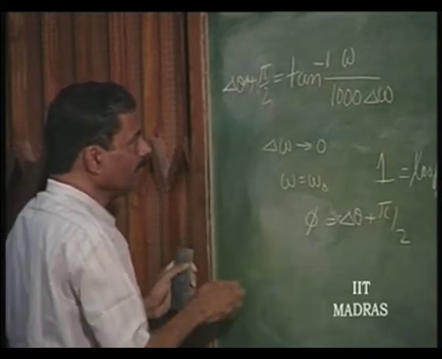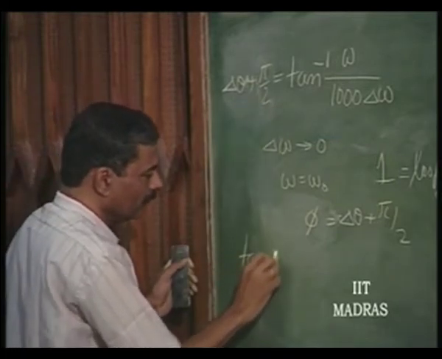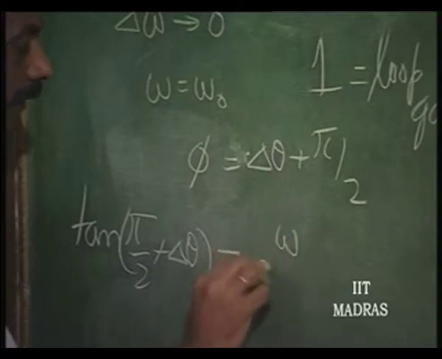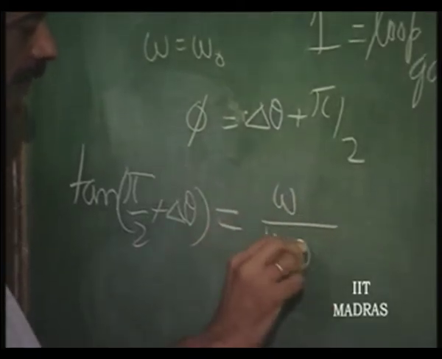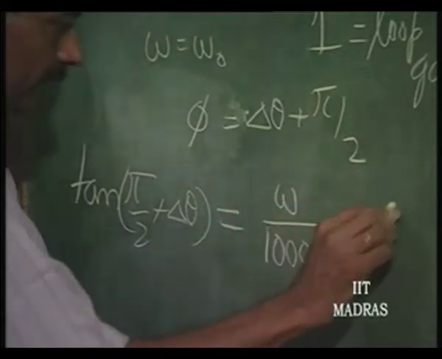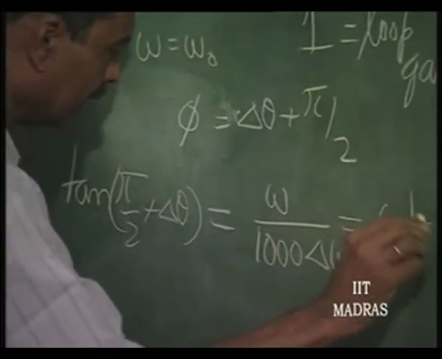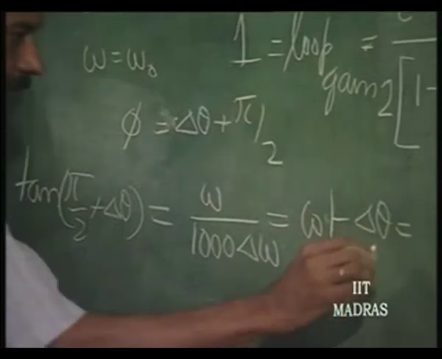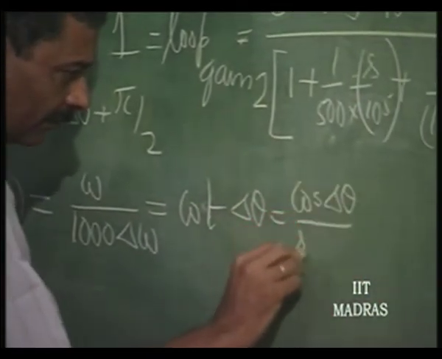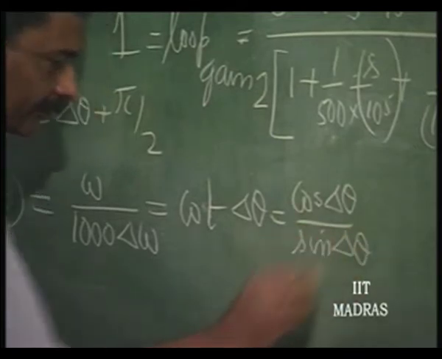So, I take tan. So, tan of pi by 2 plus delta theta equals omega divided by 1000 delta omega. So, delta theta being very small, we are close to omega naught. So, this is equal to cotangent delta theta, which is cos delta theta divided by sin delta theta.